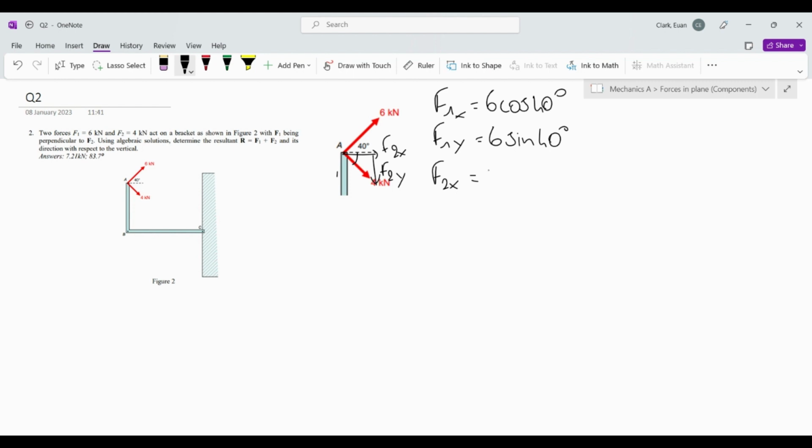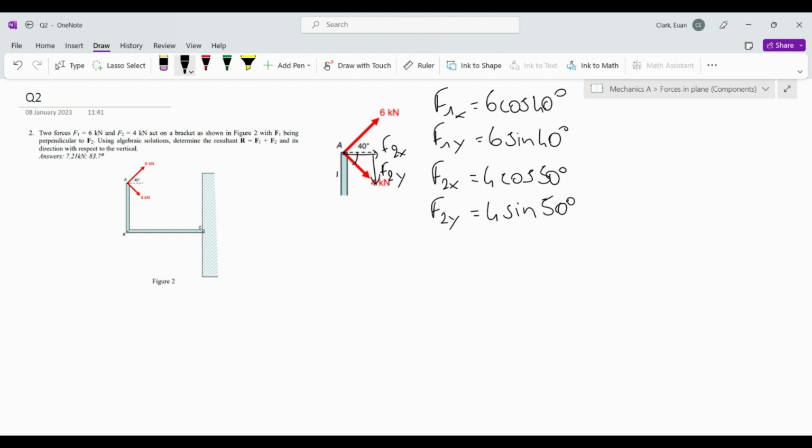So if we know that this angle is 50 degrees, F2x is going to be 4 cosine 50 degrees, and F2y is going to be equal to 4 sine 50 degrees. Perfect.